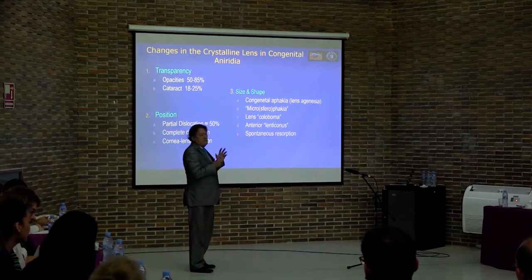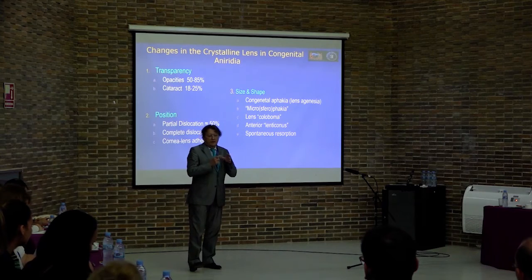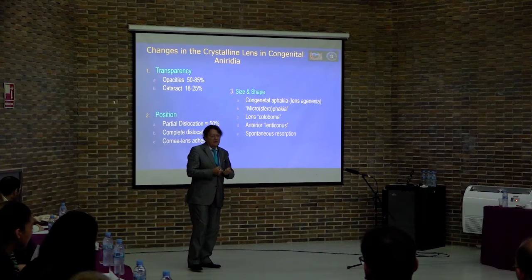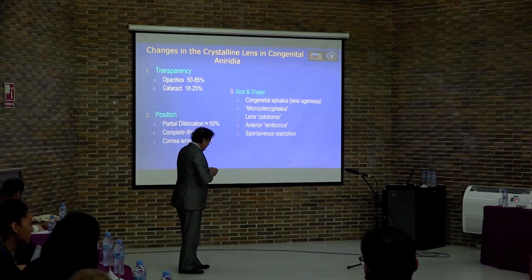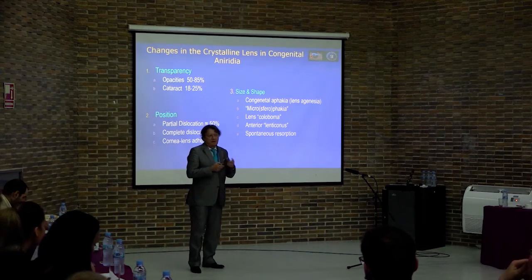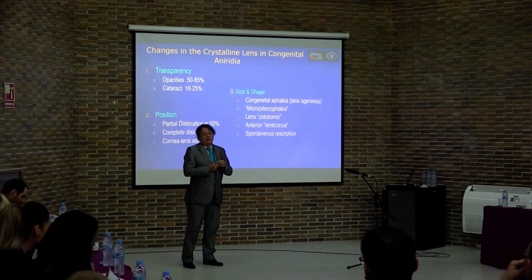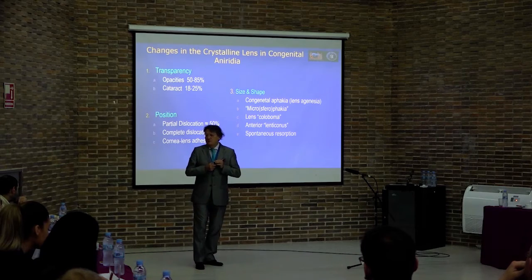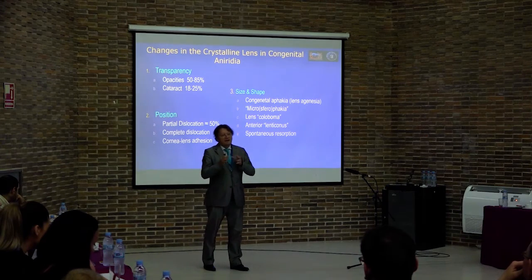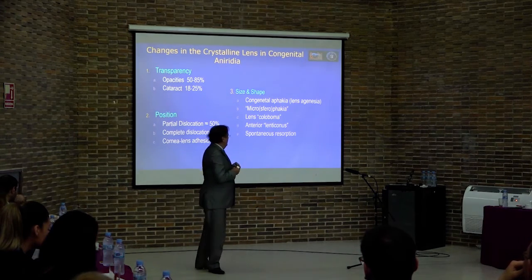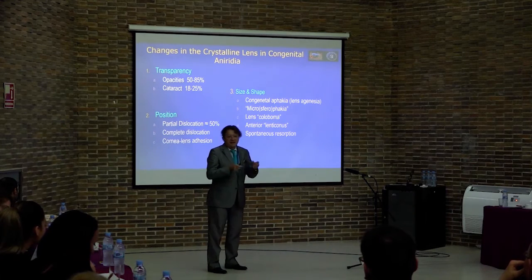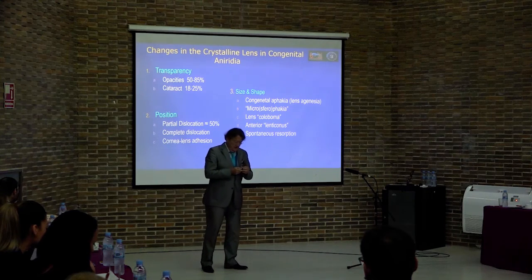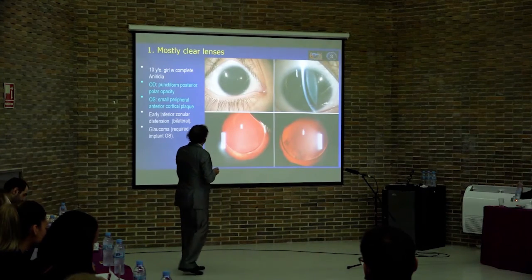When we have a small lens, for example, is this due to a lack of development, or because there's a lack of corneal tension that prevents this development? With this wide variation, my wish would be that one day the geneticists are able to find the actual correlation between each of these morphologies and a particular change in genetics that might help us to decide when to treat or how to treat.